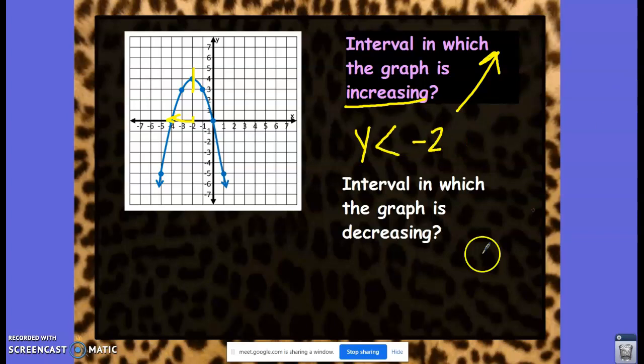That being said, the opposite is when you're decreasing. When do you have a negative slope? You have a negative slope from your vertex and to the right, because that's when your graph is going at a downward angle. Oh, I messed up here. This should have been an X. My apologies.